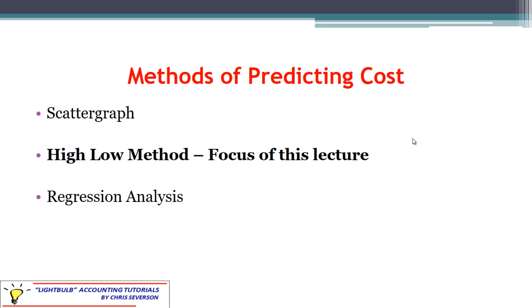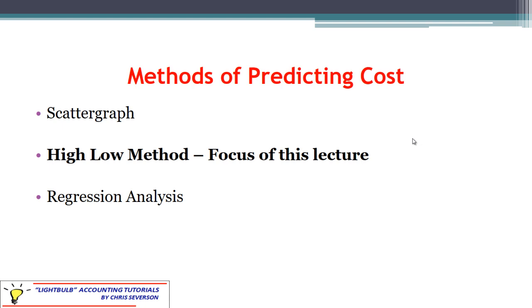Now they're probably not going to be perfect because reality generally isn't perfect, but you should be able to visually see that series of dots and visually figure out where a good line would be that intersects that series of dots. So that's the scatter graph or visual fit method. Again, the whole point is to identify a line and how it fits through that. I'll show you that portion in just a bit.